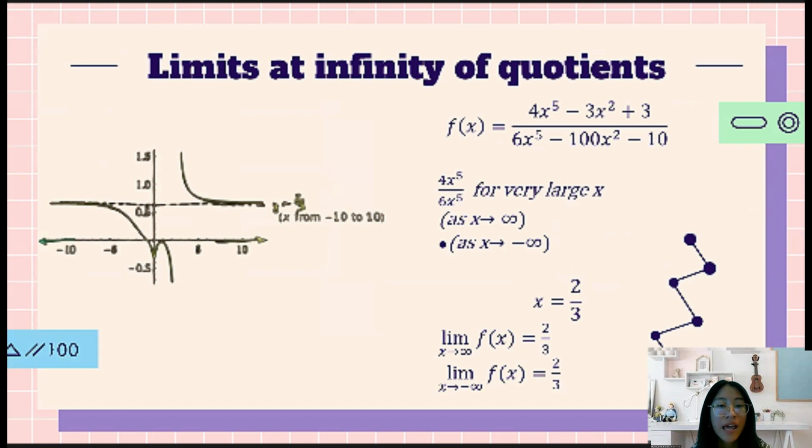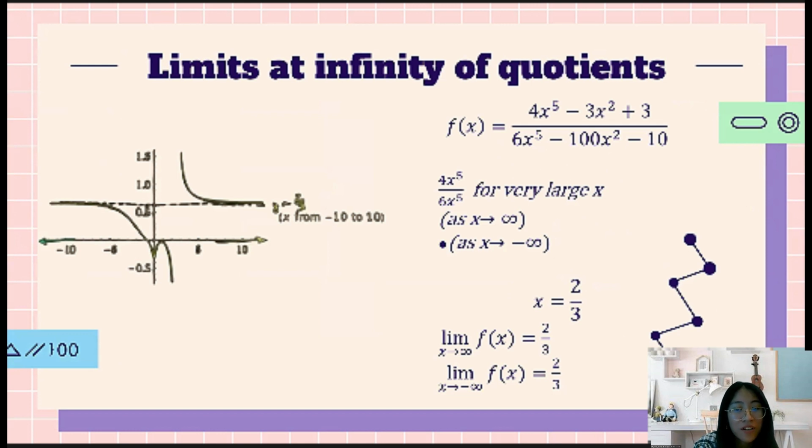Similarly, in the denominator, the highest degree term, 6x to the fifth, is going to grow much faster than any of these other terms. Even though this has a coefficient of negative 100, x to the fifth grows much quicker than x squared.